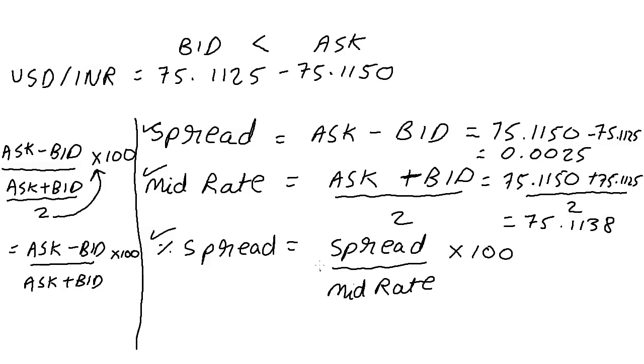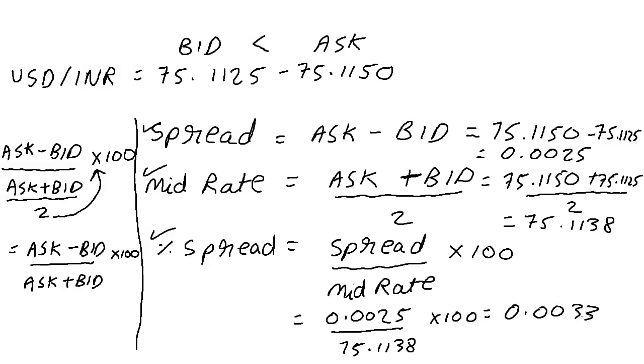So we can substitute this here. We now know that the spread is 0.0025. We know that the mid rate is 75.1138 into 100, which gives us 0.0033%.